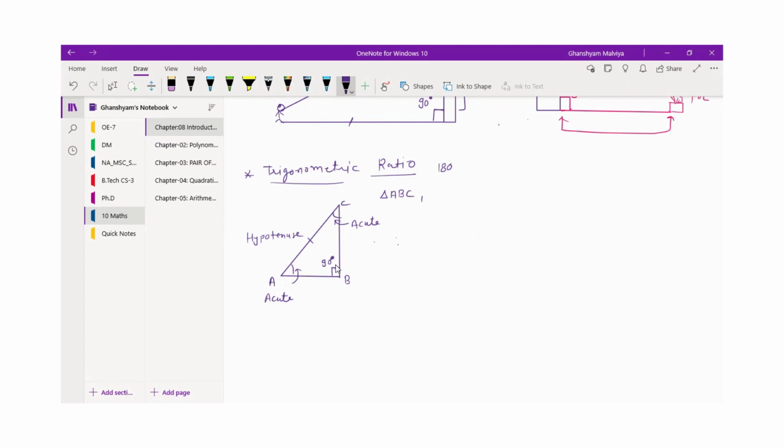If I consider one acute angle, like angle CAB, this is the hypotenuse.